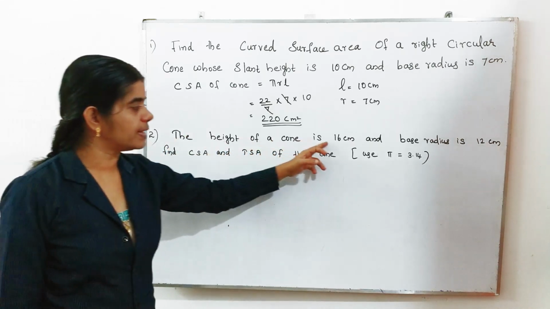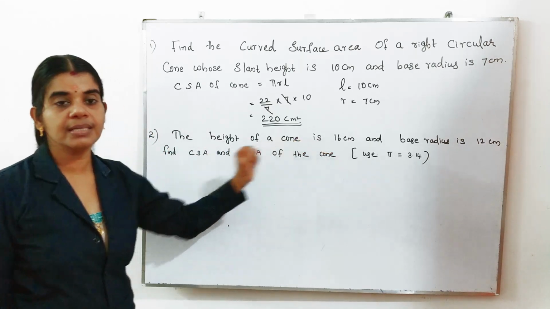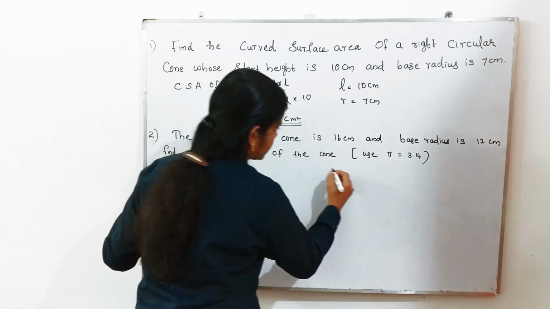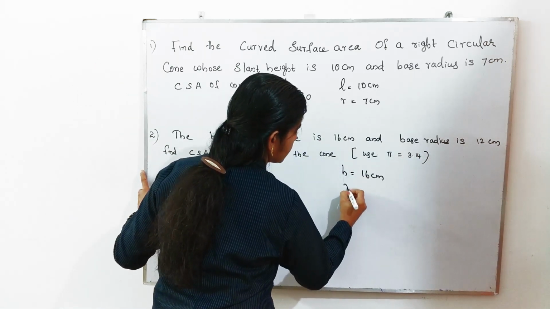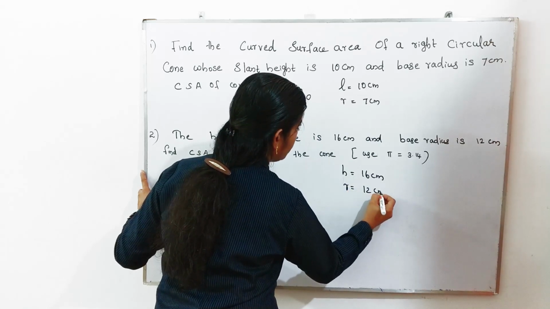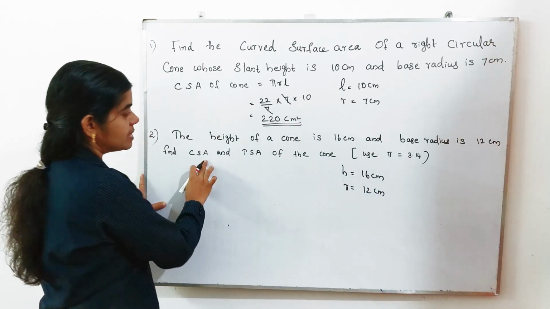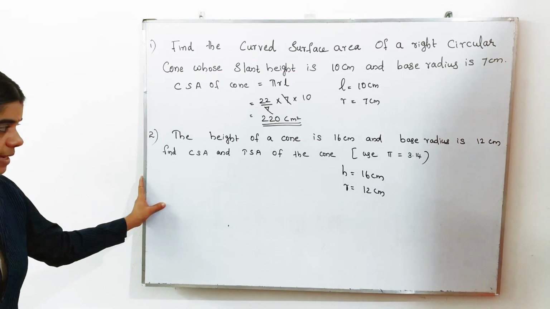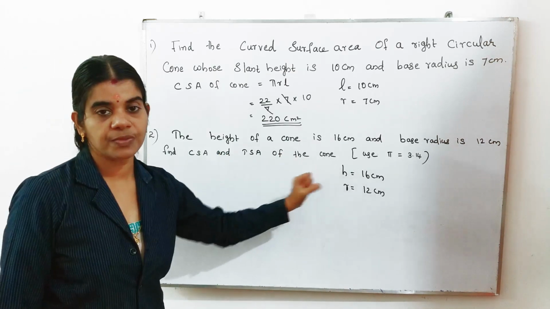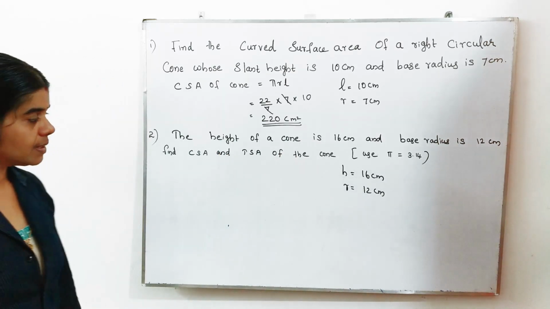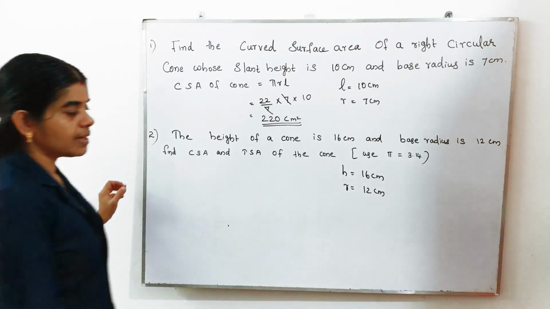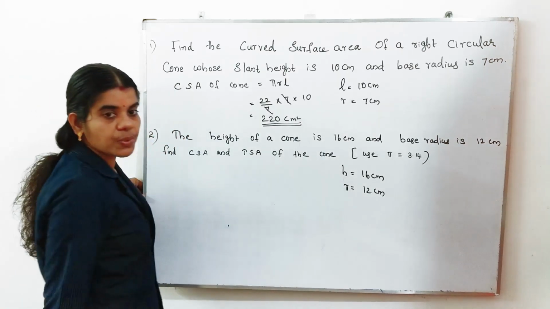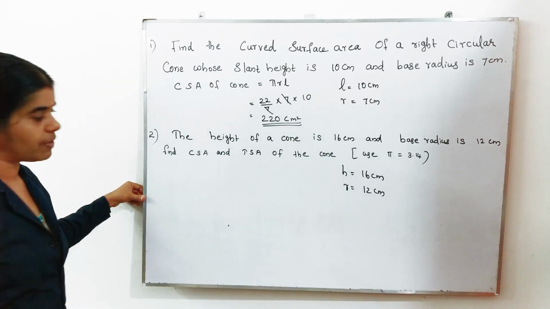The height of a cone is 16 centimeter. Here height is given, not slant height. So h is equal to 16 centimeter. Radius is 12 centimeter. You want to find out the CSA, curved surface area, and the total surface area of the cone. Both you want to find out. You already know that CSA means pi r L. But here only r and h are given, so first you want to find the L value.